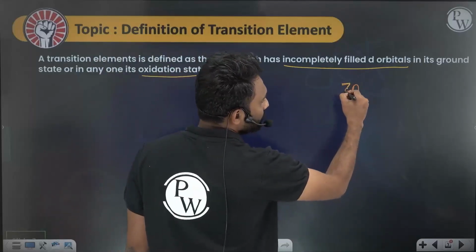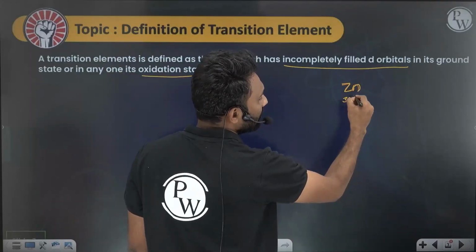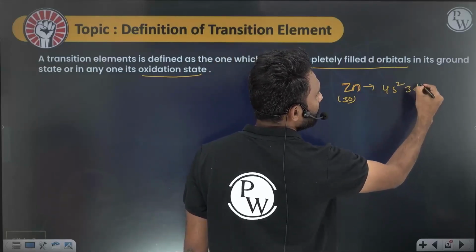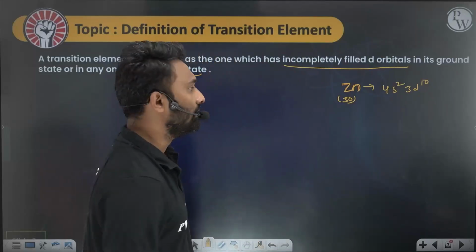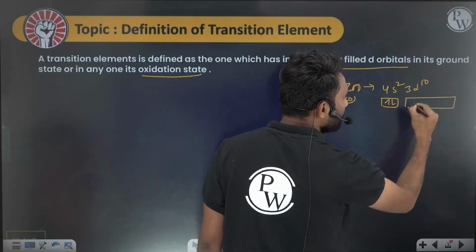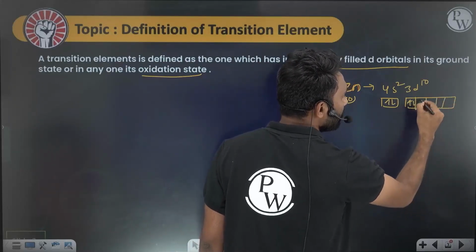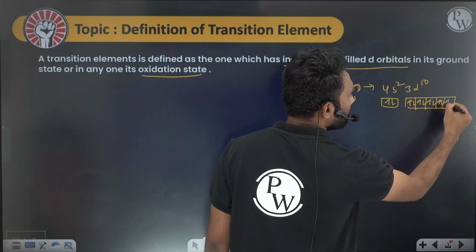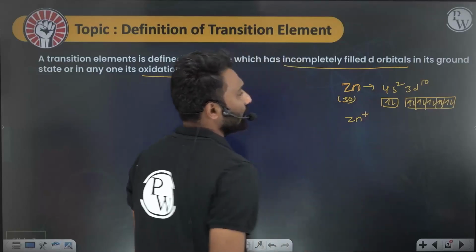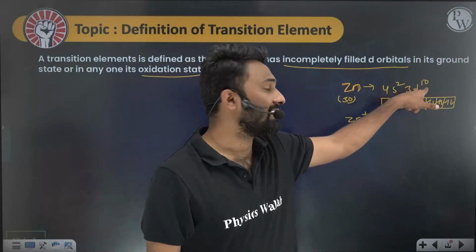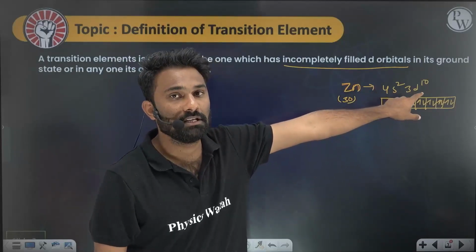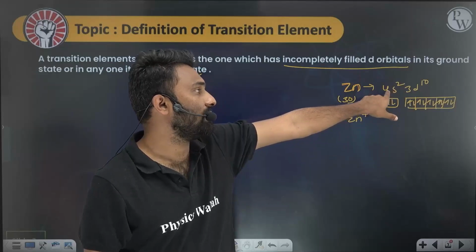Now take zinc. What is the atomic number of zinc? 30, so the configuration is 4s2 3d10. Here 4s2 is completed and d is also completed. Now if you remove one electron from zinc, the last electron according to the above principle would enter the d subshell, but 4s2 is the valency shell.